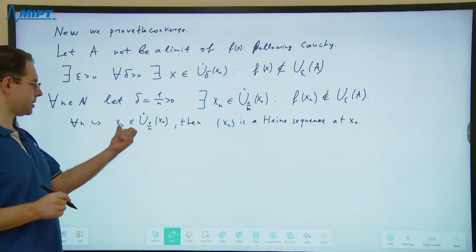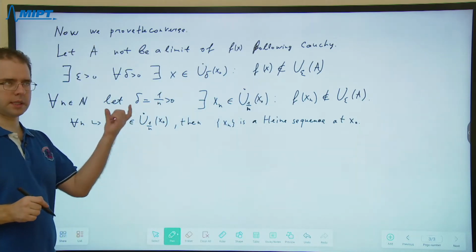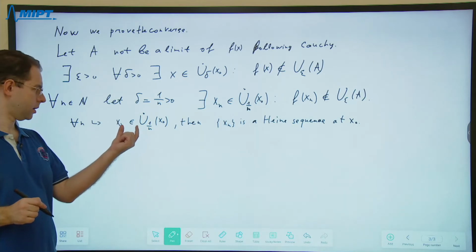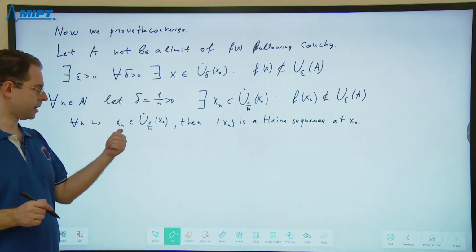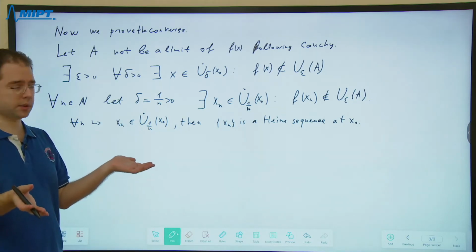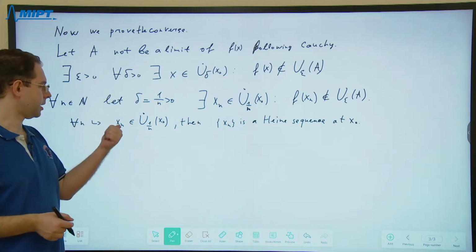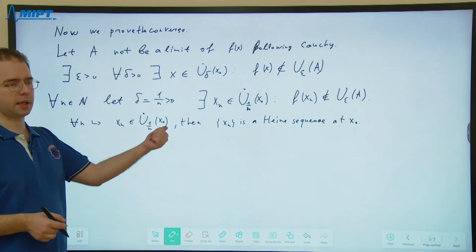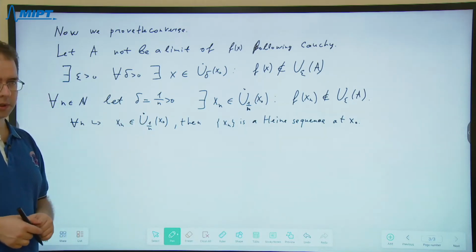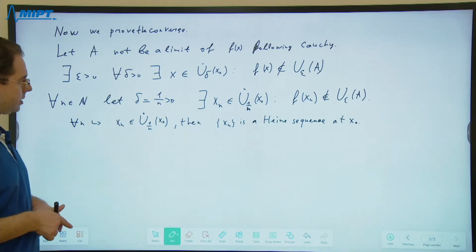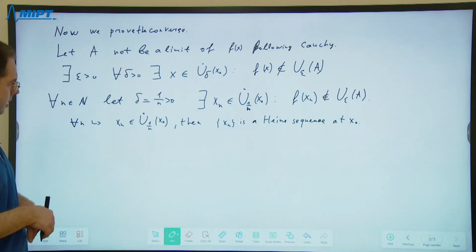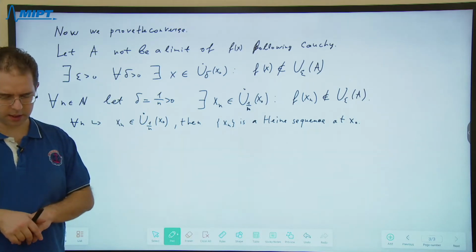So the distance from xn to x0 is less than 1 over n, so xn tends to x0, and xn does not attain x0 since it's from the deleted neighborhood. So this is a Heine sequence. Okay.